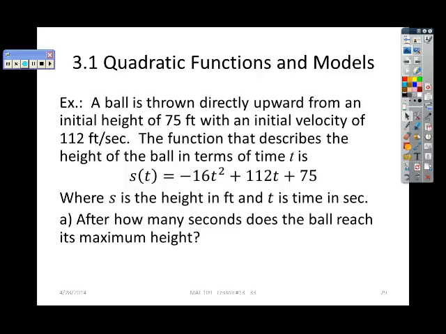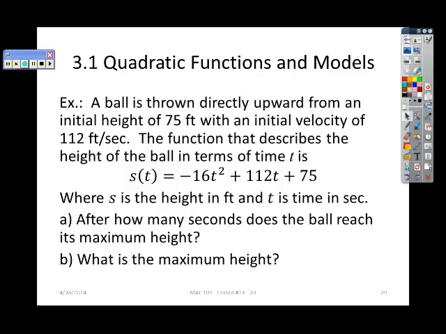So the first coordinate will be the time, the second one will be the height. So how many seconds does it take to reach the maximum height? Locate the t value of the vertex, and that's how many seconds. If we want to know how high it is, get the s value of the vertex.